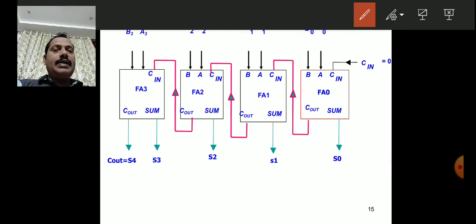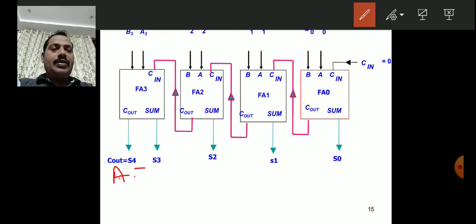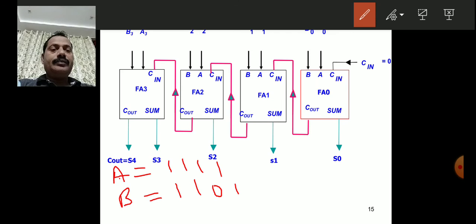So now let us take another combination. A equals 1 1 1 1, B equals 1 1 0 1.